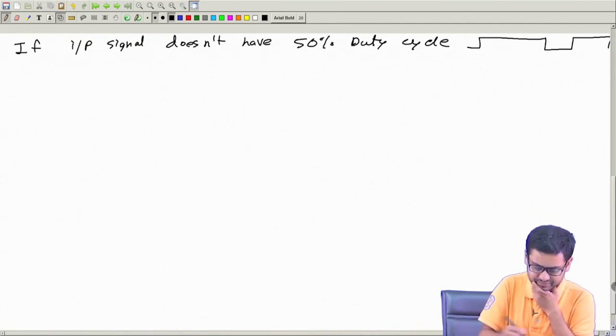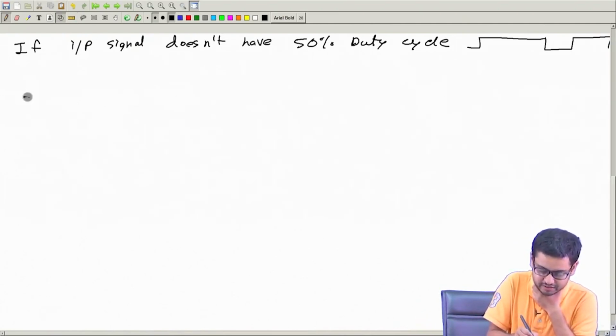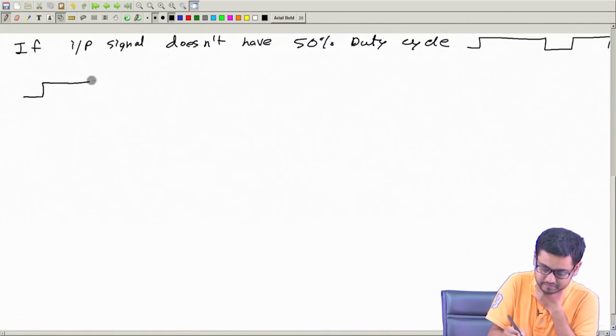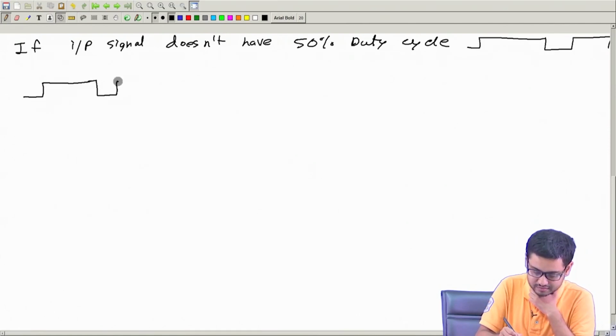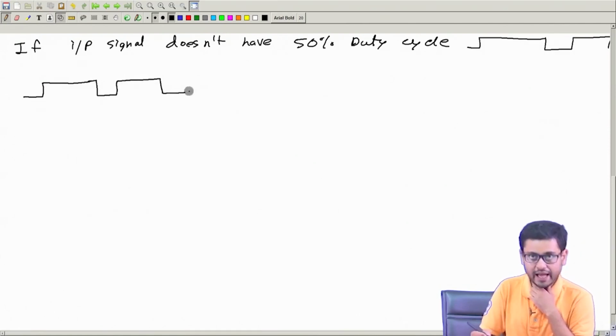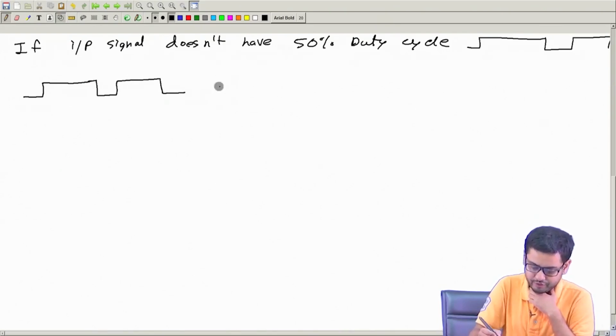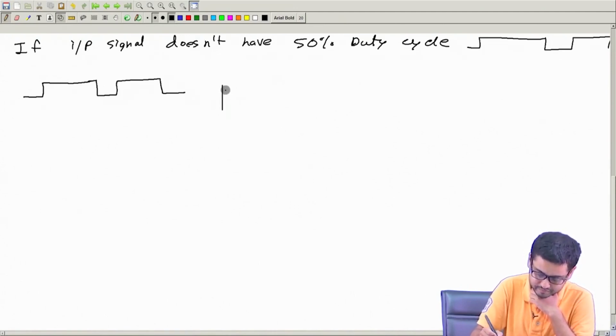The trick is simple. You take this input signal and pass it through a flip flop like this. So, let us take a T flip flop with toggle set to 1, and here you give the input to the enable.